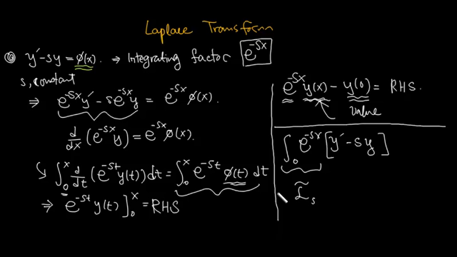So let me write it this way. This L tilde operator with s involved, where s is some parameter: L tilde s of y prime minus s times y is equal to e to the negative sx y minus y of 0. That's the summary of all this discussion.